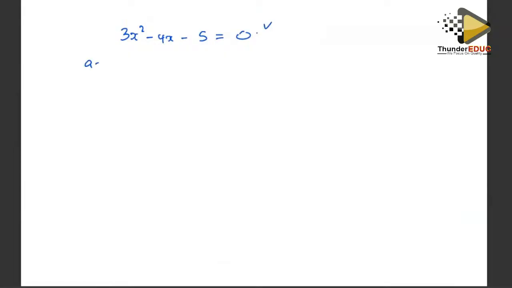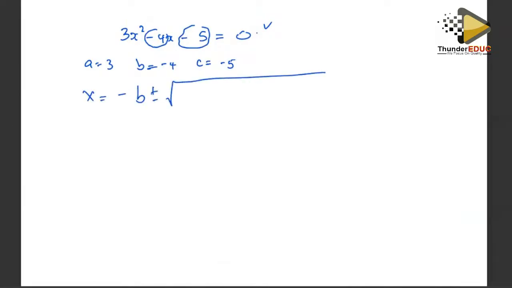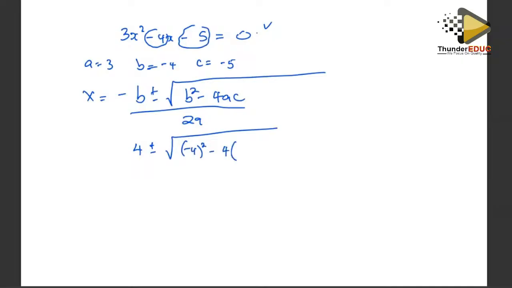Okay, so you'll get a mark for just showing us that. Now from here, we know that our A is a 3, our B is a negative 4, a number with its sign. And then the C is gonna be a negative 5, number with its sign. And then write down the quadratic formula, negative B plus minus the square root of B squared minus 4AC, divided by 2A. Let's substitute, so a negative and negative, that's gonna give us a positive 4 plus minus square root of negative 4 squared minus 4 into 3 times negative 5 divided by twice 3.